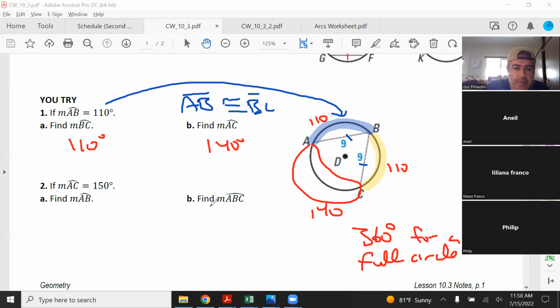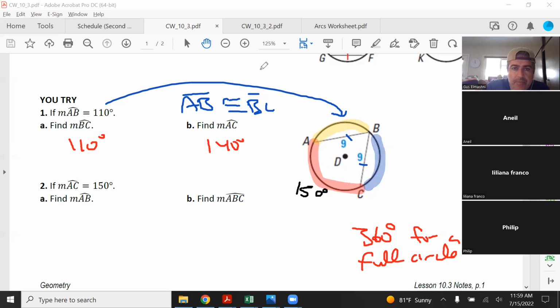So I hope that seems intuitive. What if we had different values for these arcs? We'll say arc AC, let me get a highlighter out again, is 150 degrees. Well, these are still going to be the same, that right there and that right there.